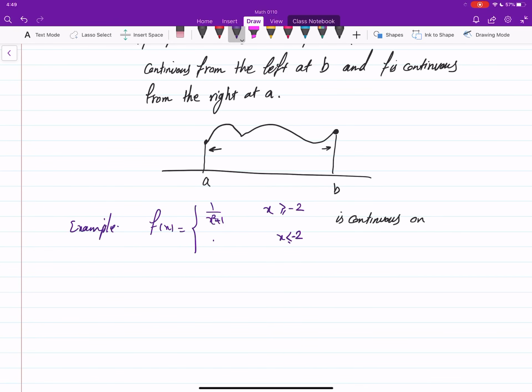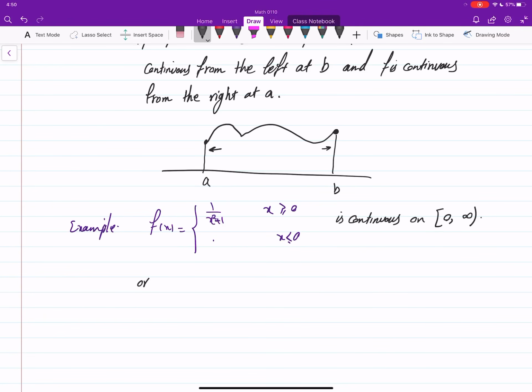Oh, it was just 0, sorry, not -2. It wasn't continuous at 0, but it was continuous from the right, so it will be continuous on [0, ...], and you can go up to any point you like.